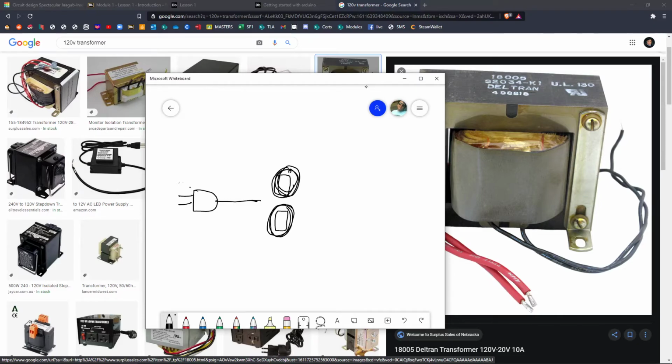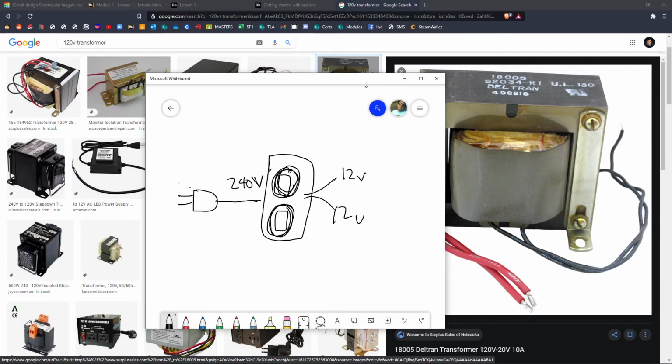So let's say we get 240 volts of electricity from our outlet, di ba? The Philippines usually uses 240 volts of electricity. So inside the transformer, if this is a wind down transformer, you can end up with either a 12 volt, meaning it is a step down transformer.